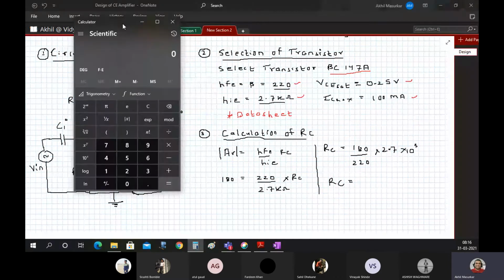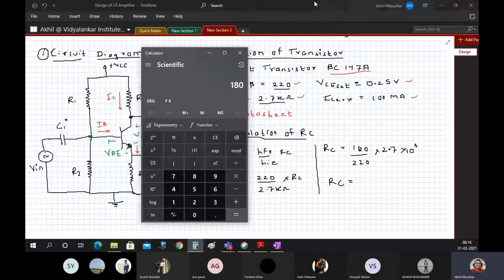So that will be 180 divided by 220 into 2.7. That should be 2.209 kilo ohms.